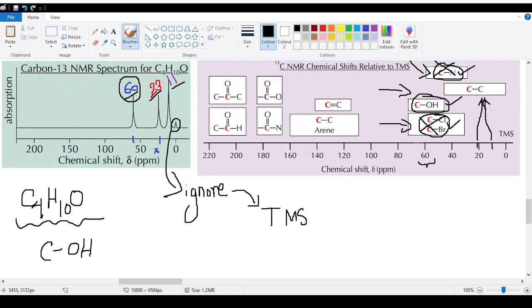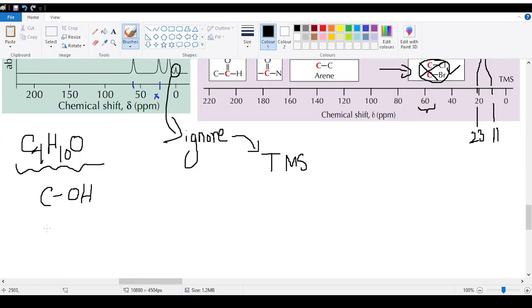Are we clear on that? So at those values of chemical shift, only carbon-carbon single bond is there. No other bonds are really there. So we know that there's a carbon-carbon single bond.